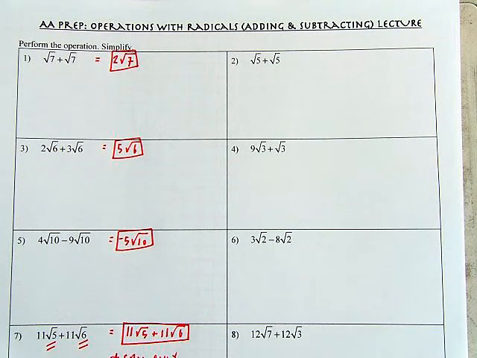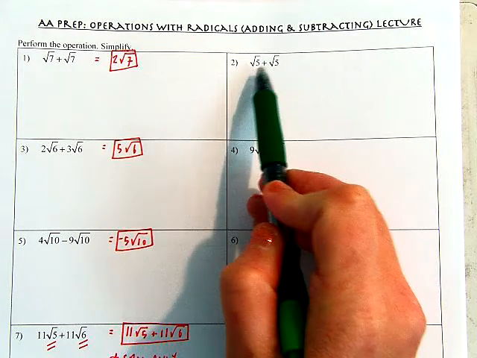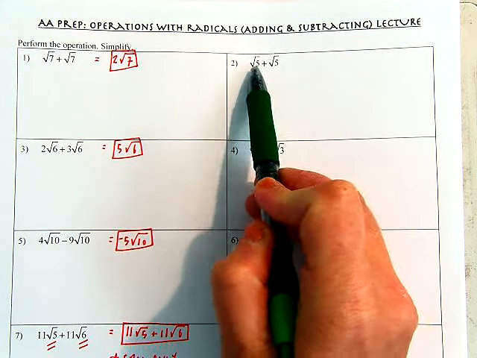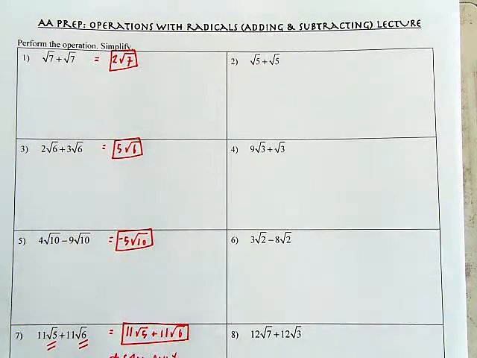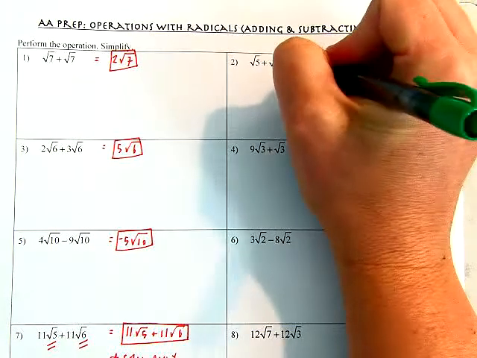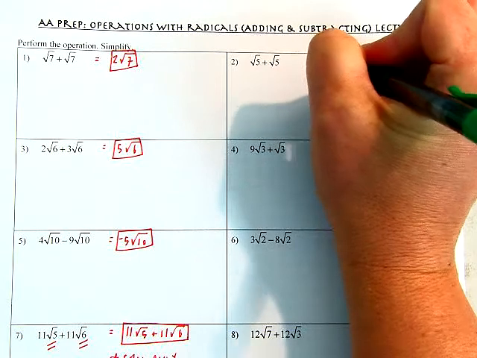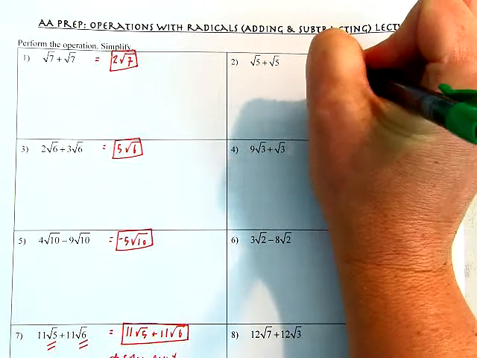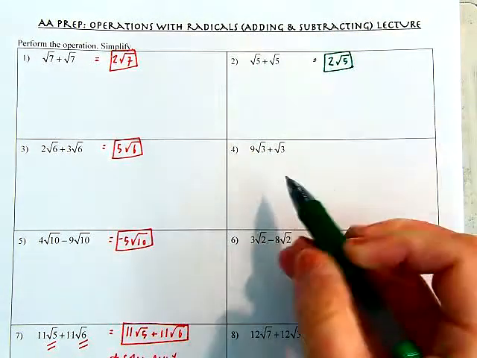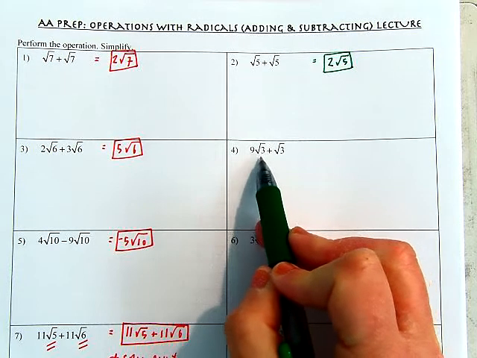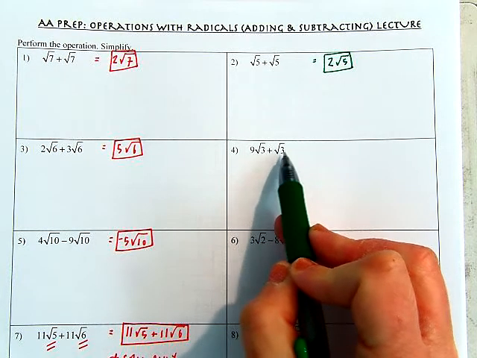So here I have the square root of 5 plus the square root of 5. Again, they have the same radicand. I see a 5 here, I see a 5 here, so I can go ahead and combine and make 2 square root 5. Okay, here I have 9 square root 3 plus 1 square root 3.